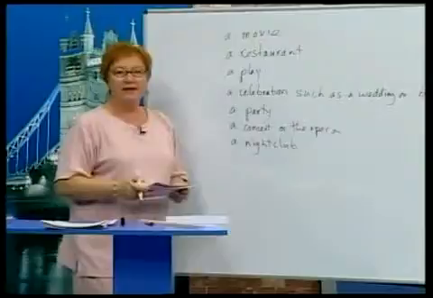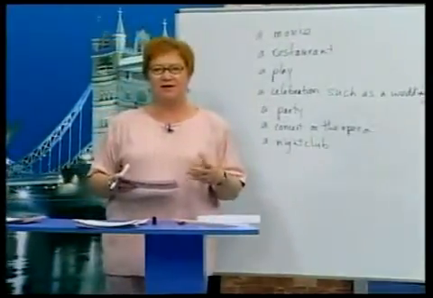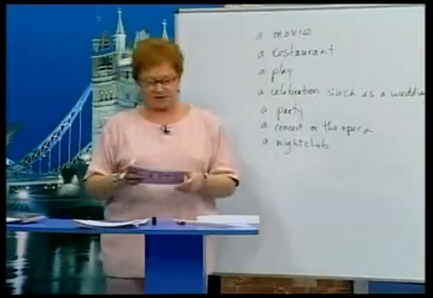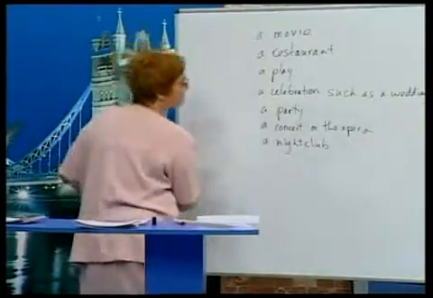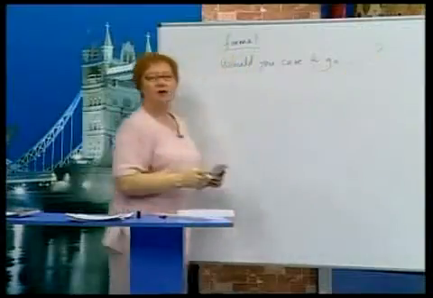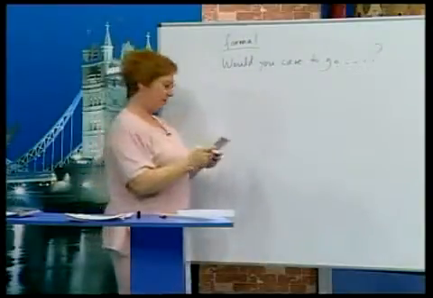Okay, now we start an invitation with some fixed expressions, like a formula. Some are questions and some aren't. Now, let me show you the formal ones first. One way is to say, would you care to go to a play with me? This is very polite.